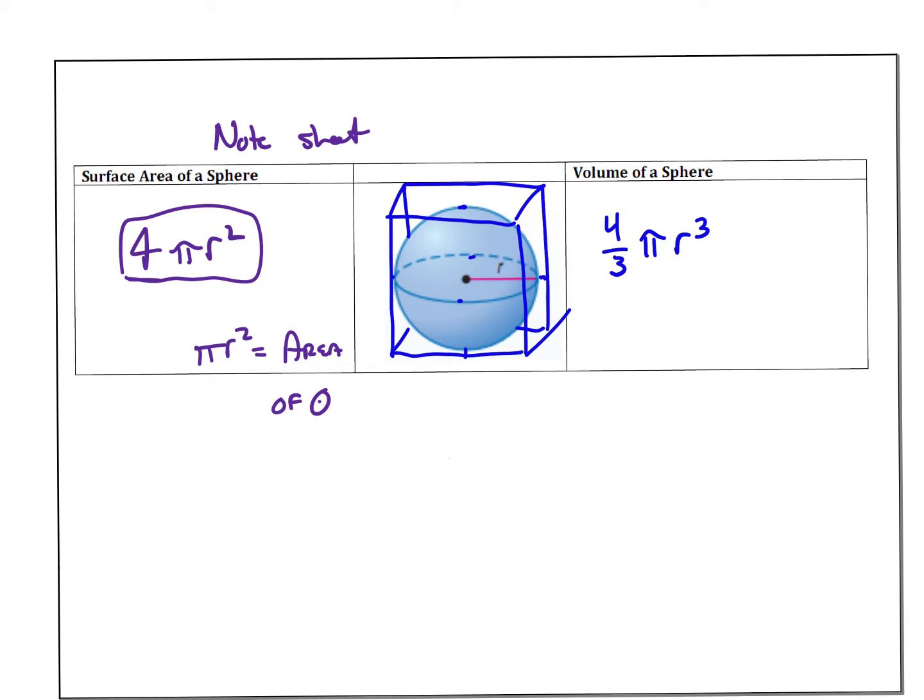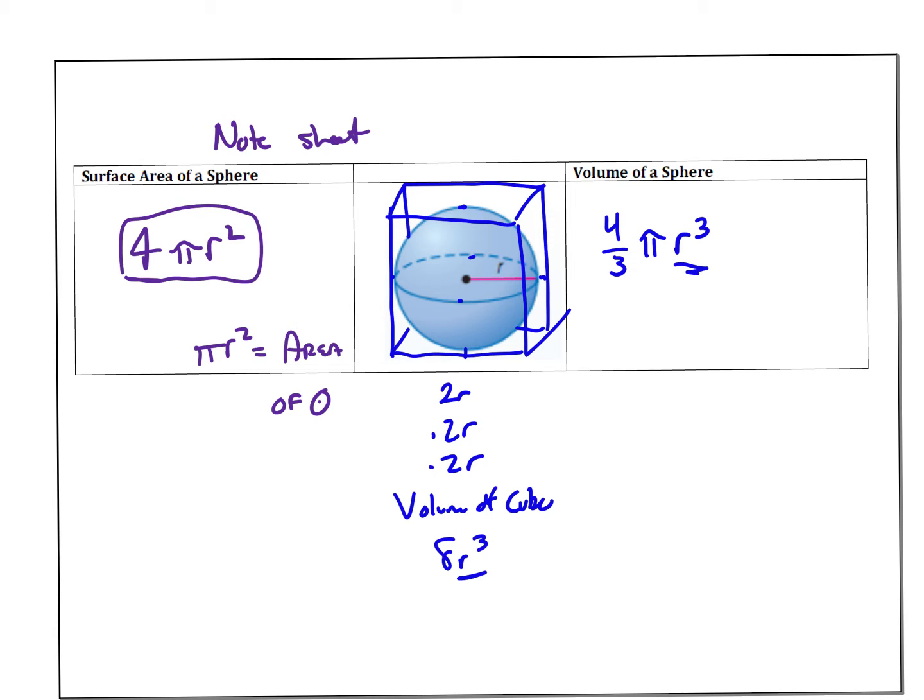That would be just 2r times 2r times 2r. That would be the volume of this cube. So that would be 8r cubed. So that's where the r cubed comes in.